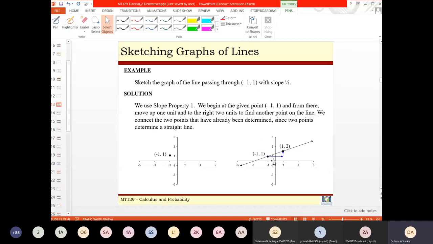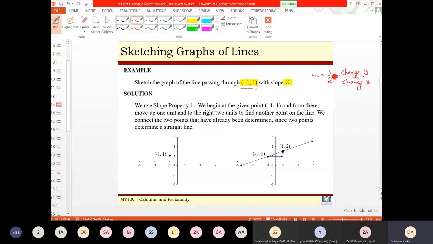One more example. They want you to sketch the graph that passes through this point and has a slope of a half. The first piece of information is that it passes through the point (-1, 1). The second is that it has a slope m equal to 1 over 2. I know the slope is nothing but the change in y divided by the change in x.